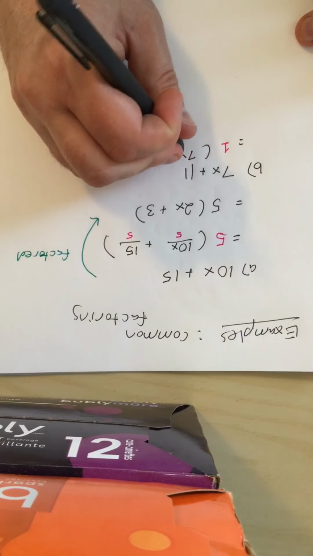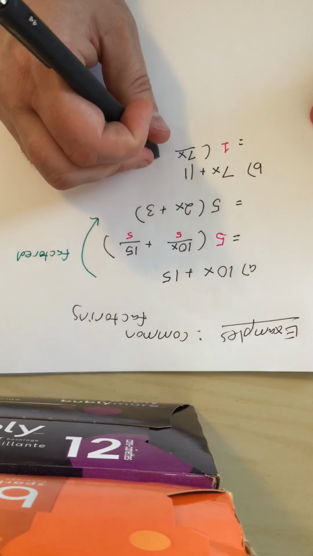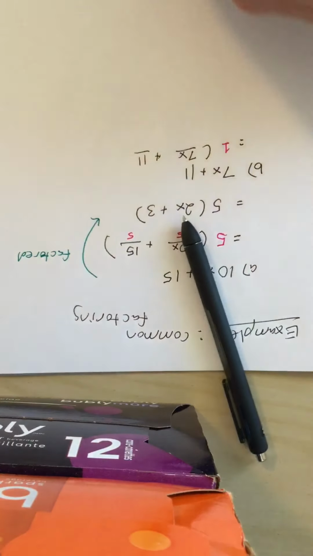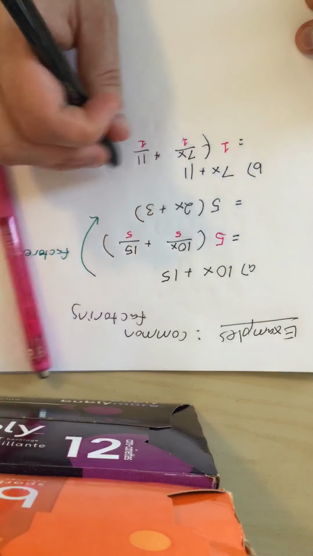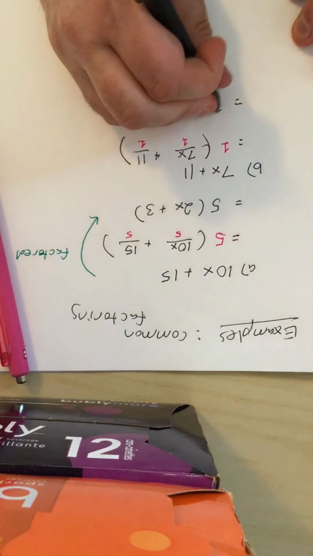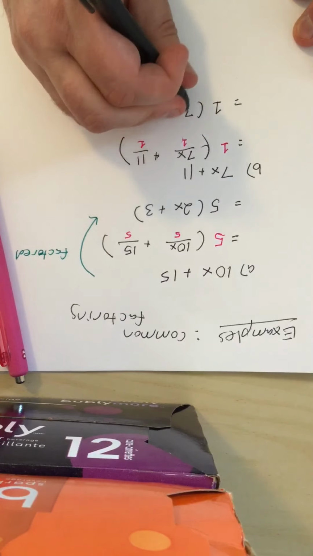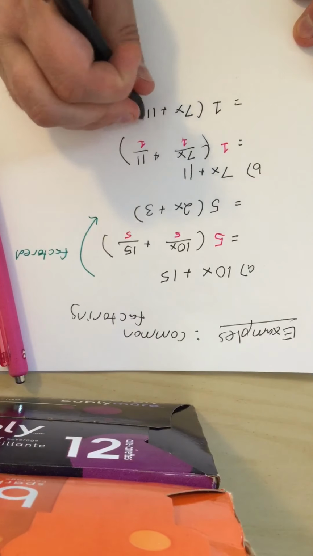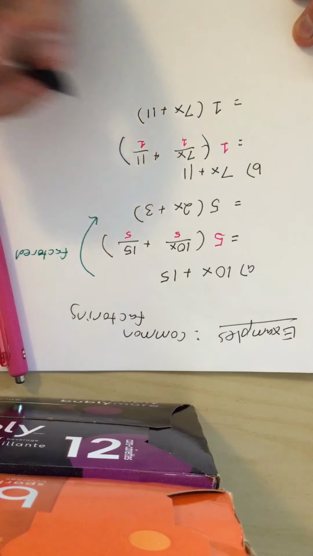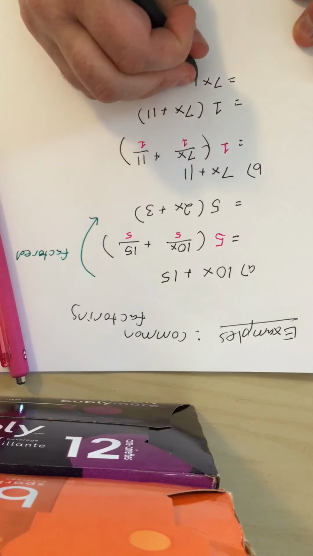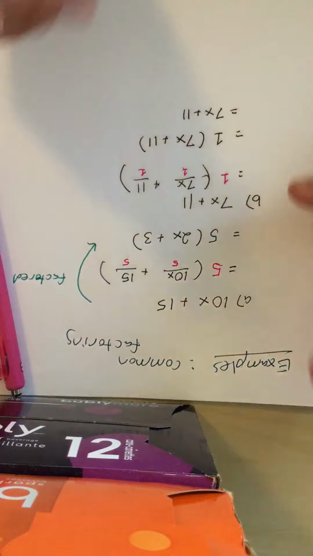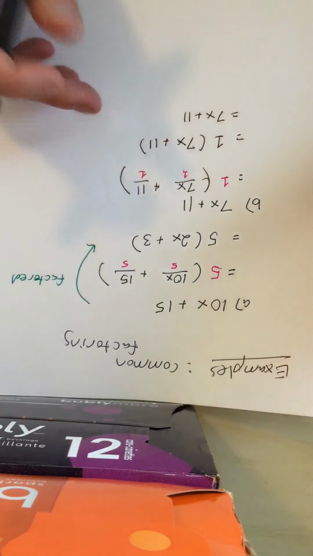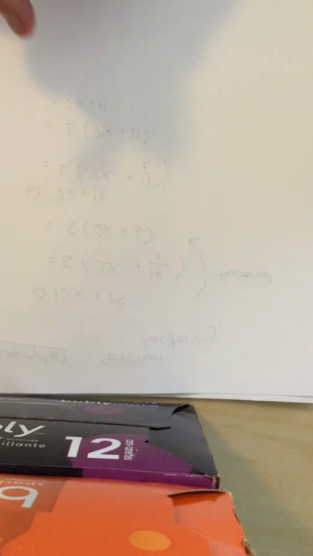That'd be 1 times 7x divided by 1, which is 7x, and 11 divided by 1 is 11. That gives us 7x plus 11, which is exactly where we started, so that was kind of boring. We really didn't common factor out anything of any use. So usually we are able to factor something out that's useful.